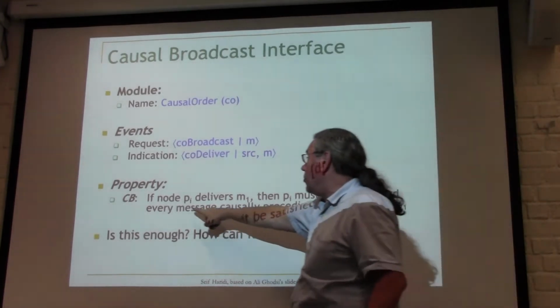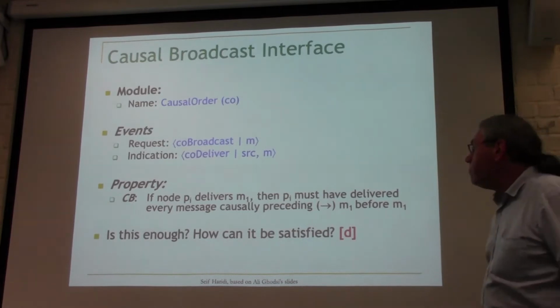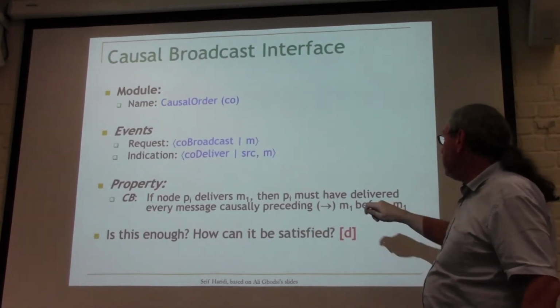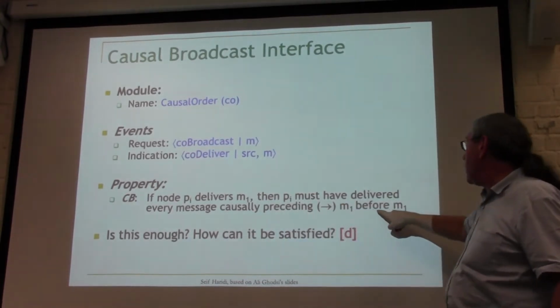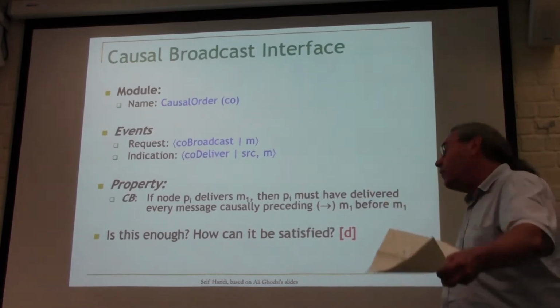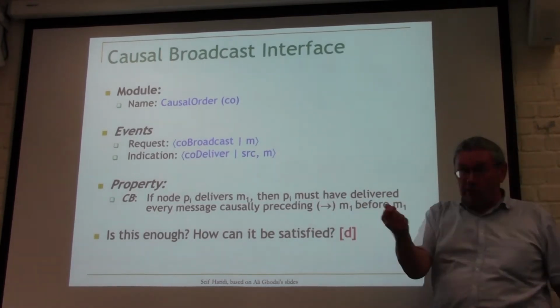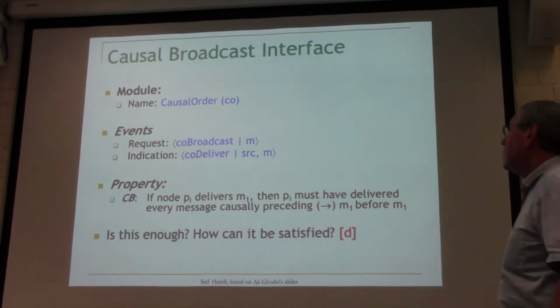Let's define this property, CB, causal broadcast. If Pi delivers M1, then it must have delivered every message causally preceding M1 before delivering M1. Okay, so if it delivers M1, then it has delivered all the causally preceding ones before.